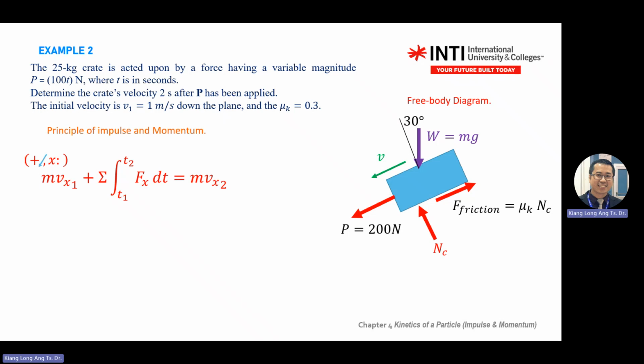Okay, m v x: m is given, v is given. The initial velocity is 1, but in the x direction, plus the integral of forces dt. Here in the x direction, you have P. Sorry, this one is 2 seconds, so 2 seconds is t, you put in 100 t here, integrating from 0 to 1, you get 200.